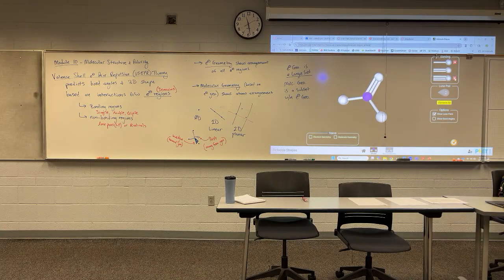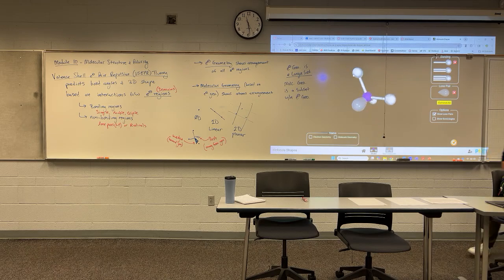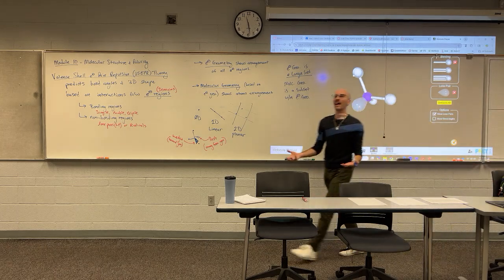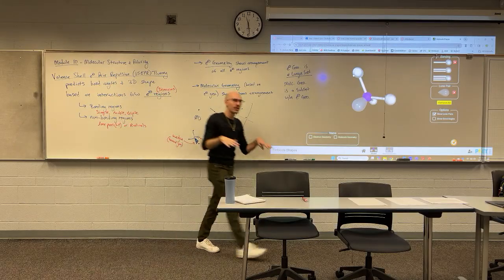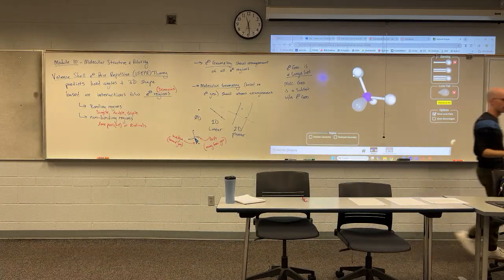Let's say that I have these 4 electron regions and 3 of them are bonding. First of all, you can grab these groups and you can move them around. And do you see what they do when they move? They repel each other. They're repelling until they get into their lowest energy conformation.